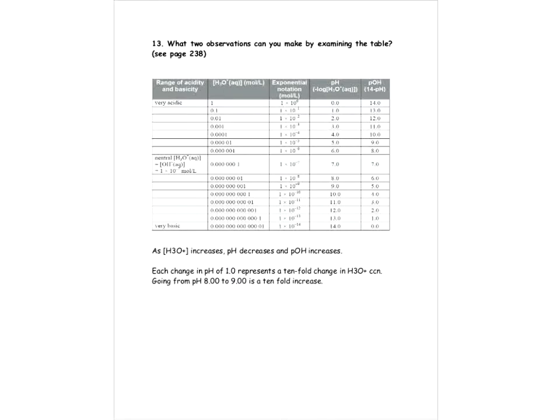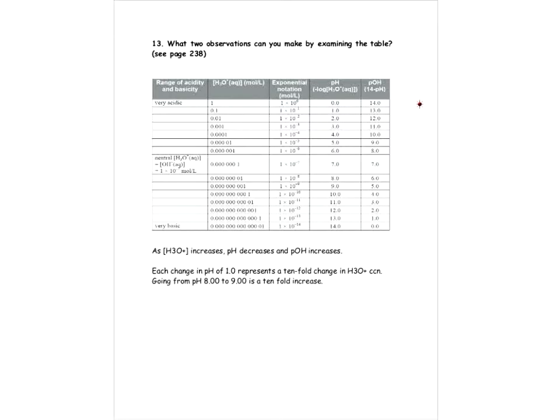Now the next question is talking about this chart that's kind of comparing different concentrations of H3O+, and we're just going to make a note of something here. So it says here, what 2 observations can you make by examining this table?